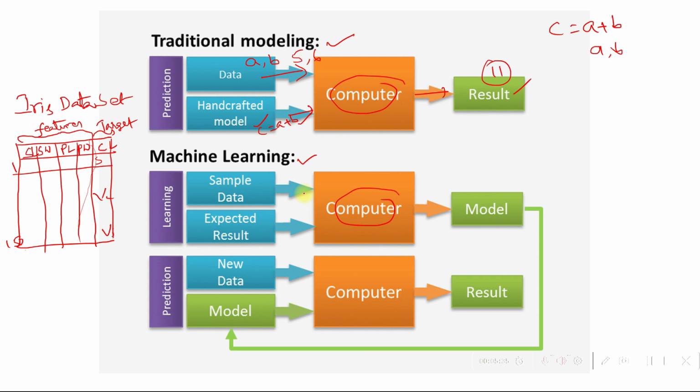We have to provide input data in the form of features and the corresponding class label. The class label is called the output of the model.